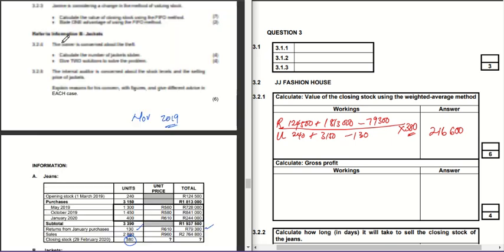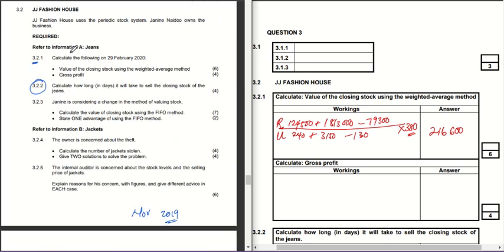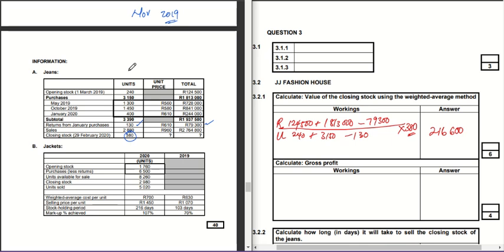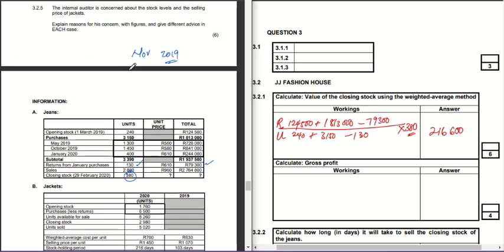All right, after that question, let's go and see. It then says calculate the gross profit. So it becomes easy now. Let's quickly see how we could do that. You can start by getting your cost of sales.